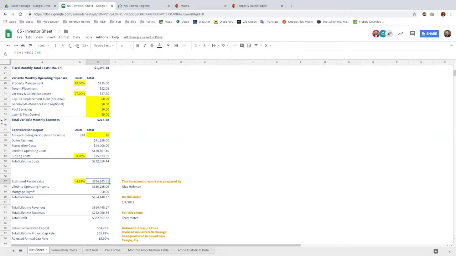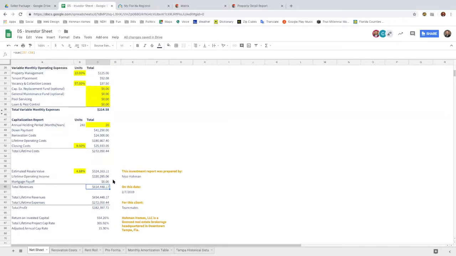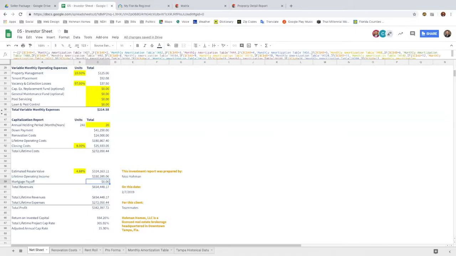So that means over the course of 20 years, they would have made the resale value plus all of the income that the investor made in rent. So over the course of 20 years, this investor received income of $654,000. But obviously you have expenses that you have to pay off. Since the investor paid off all of his mortgage, he no longer has a mortgage payoff.